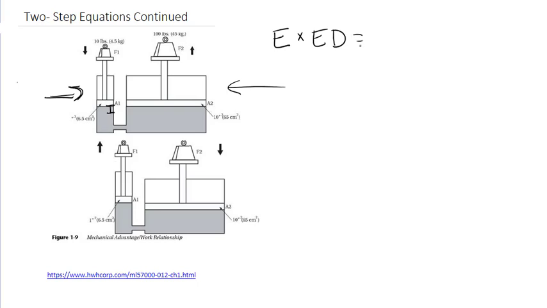That is equal to the force output, which is on the right, times the distance traveled for the larger piston. So if we put in 10 pounds of force on the left and go 1 inch, then we get a result of 100 pounds.